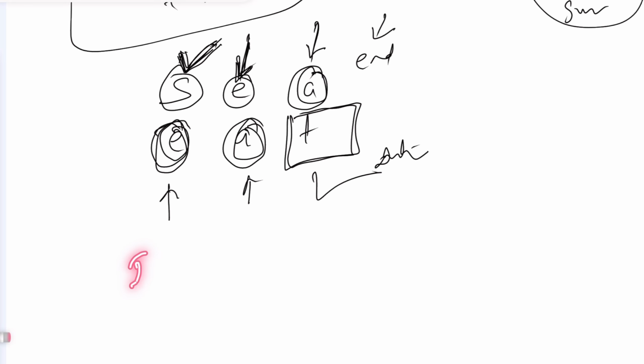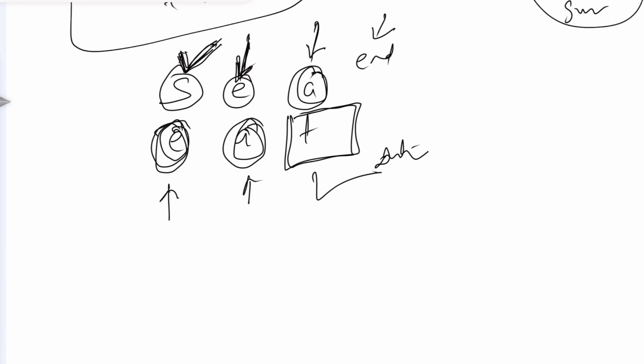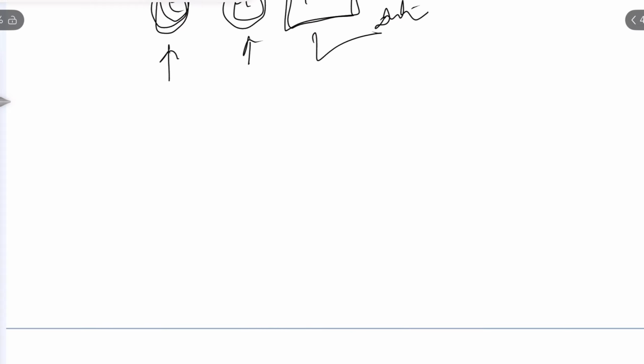The idea is that instead of maximizing the length, we minimize the ASCII delete cost. What is the idea we have?